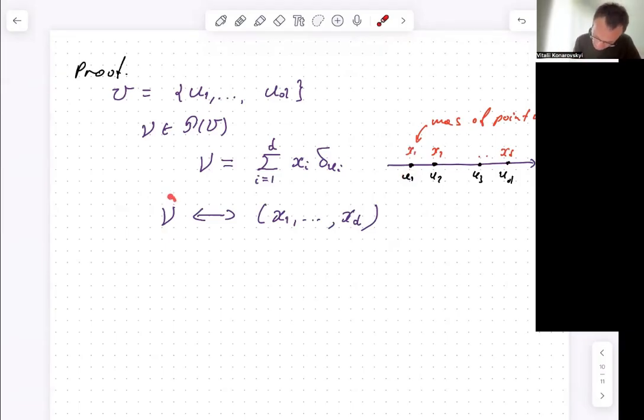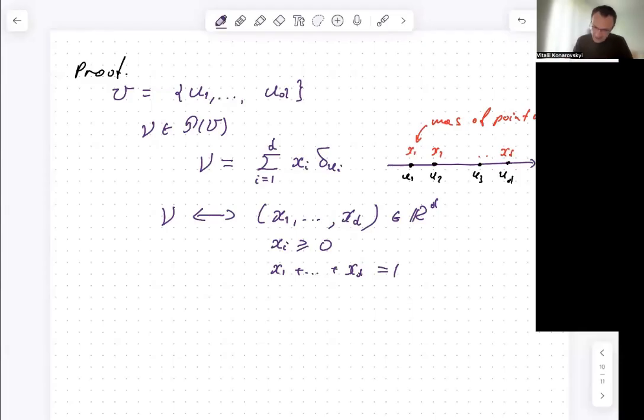But now this measure we identify with this vector, and this vector is in Rd. Also, you remember that nu is a probability measure, which means that the total mass is equal to 1. So these xi are not just some numbers: first of all they are non-negative, because it is mass, and also the sum of all xi is equal to 1.